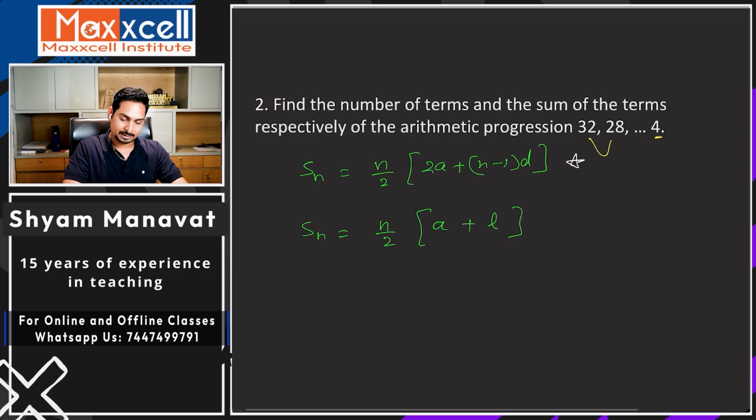We have tried this formula earlier. हम लोग ये फिर से use कर सकते हैं for this question, but I want to show you the application of the second formula. Let's try the second formula this time.